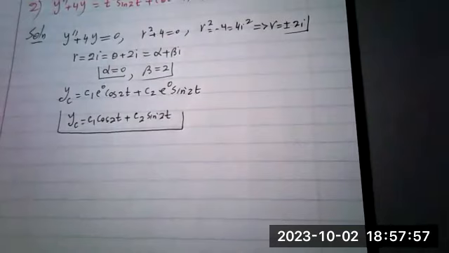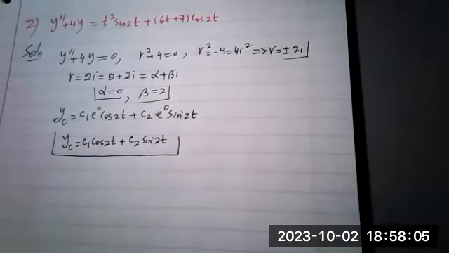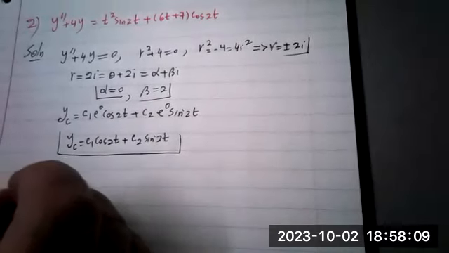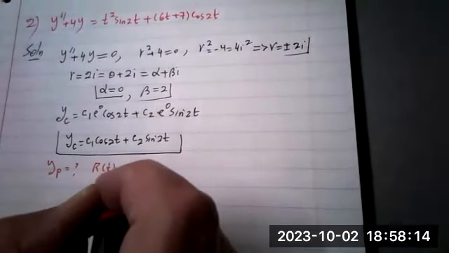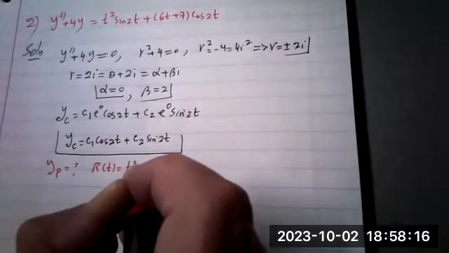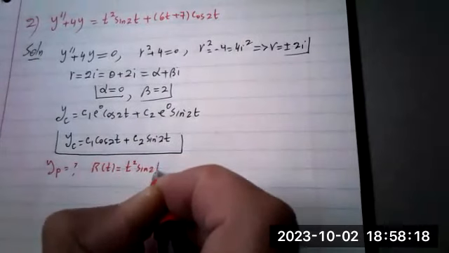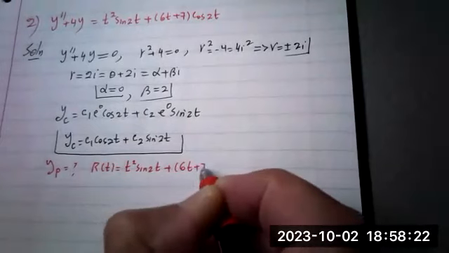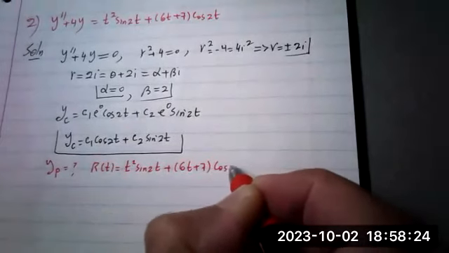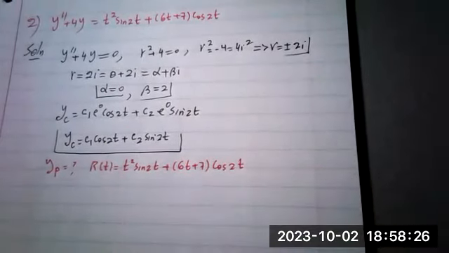Any questions? Now bring the r of t, compare it together, and get your result. This is it. So we are interested in the yp, with the case that the r of t is t squared sine of 2t plus 6t plus 7 cosine of 2t.